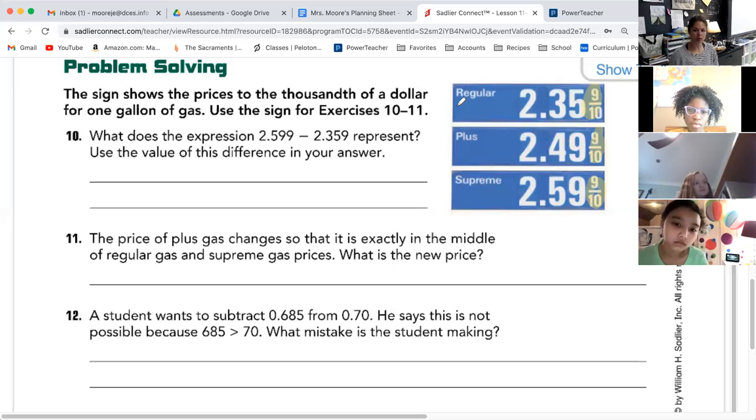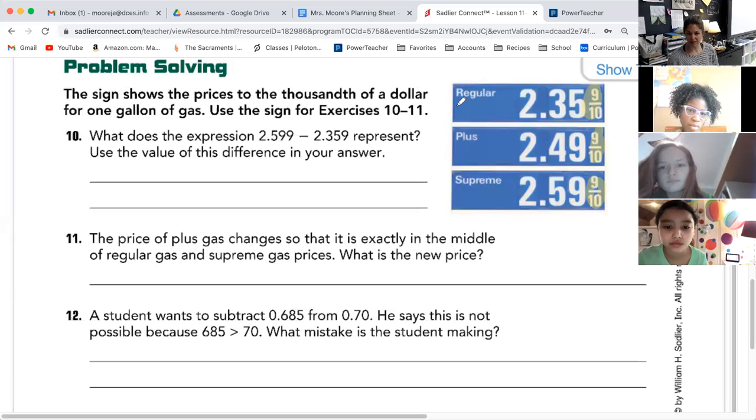So tell me, just by looking at the sign, what is the cost of a gallon of regular gasoline? You would say about $2.35, right? How much is the cost of the plus? About $2.49.